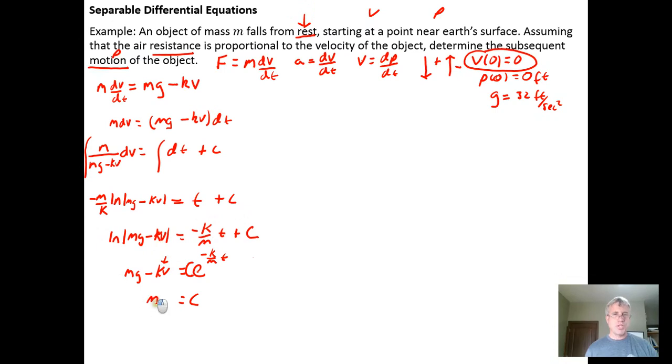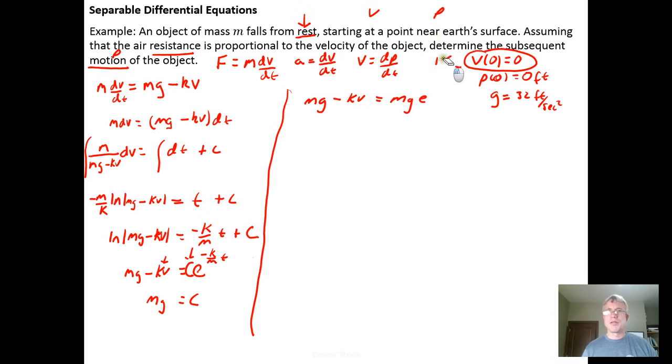So we just get mg, mass times gravity, is the constant of integration. So I'm going to go and replace that. I'm going to say, hey, mg minus k times v equals c, but c is just mg, e to the minus k over m times time.